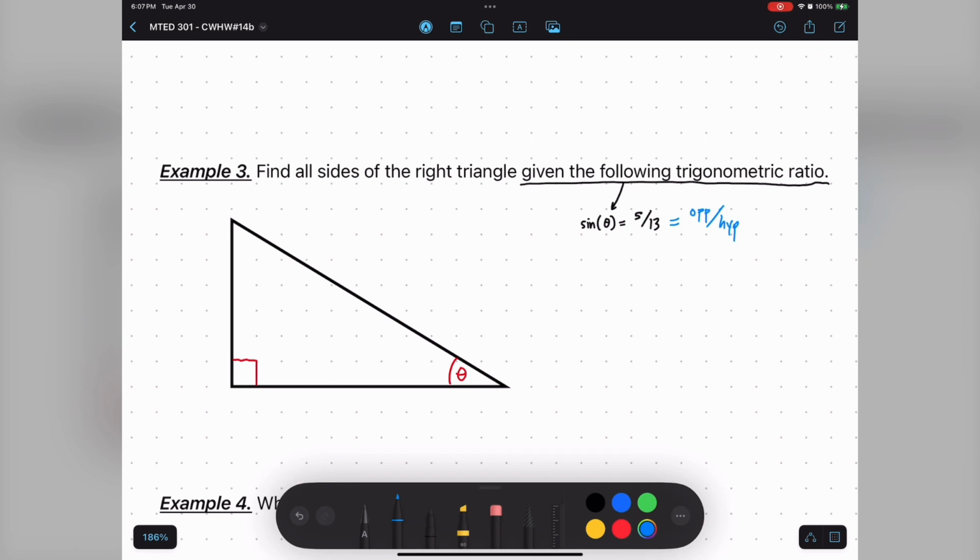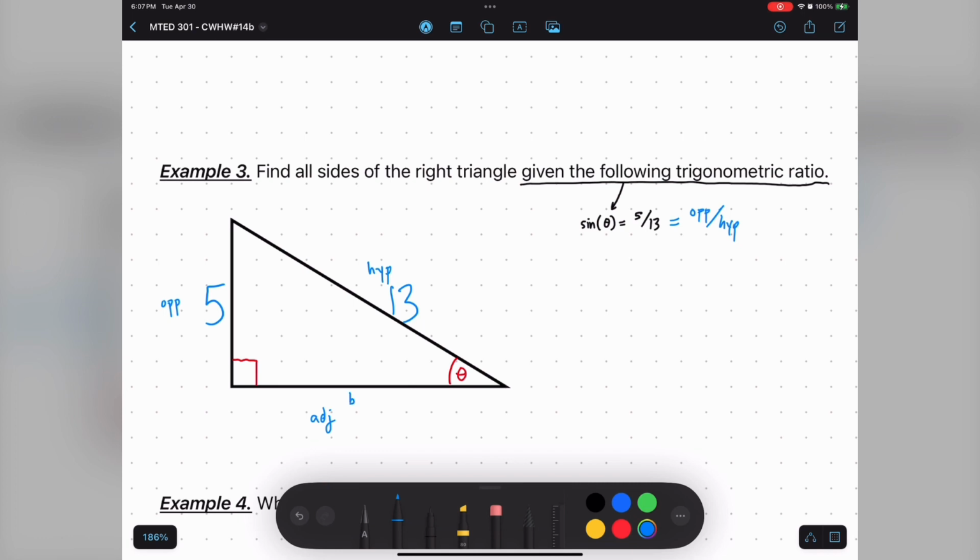So we know that the side opposite of theta is 5, and our hypotenuse is 13. So I'm going to go ahead and write those numbers down. Opposite is 5, hypotenuse is 13. We just need to figure out what our adjacent side is.